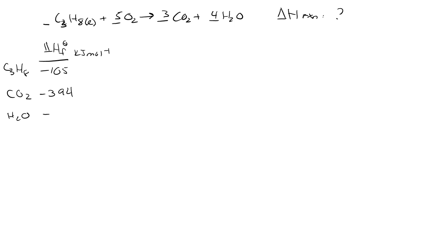H2O is negative 286 kilojoules per mole. Notice, did I give you a value for O2? Well, the delta H of formation of an element in its most stable and standard form, hence O2 gas, equals 0. So whenever you have that pure element, it equals 0.